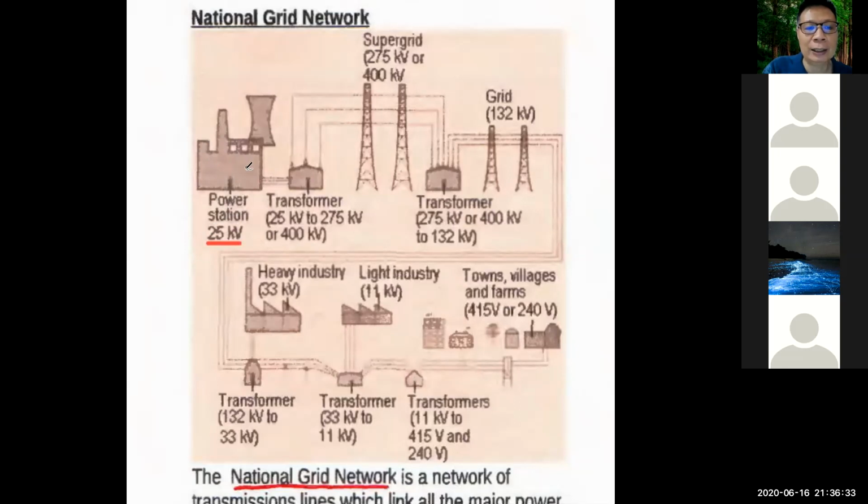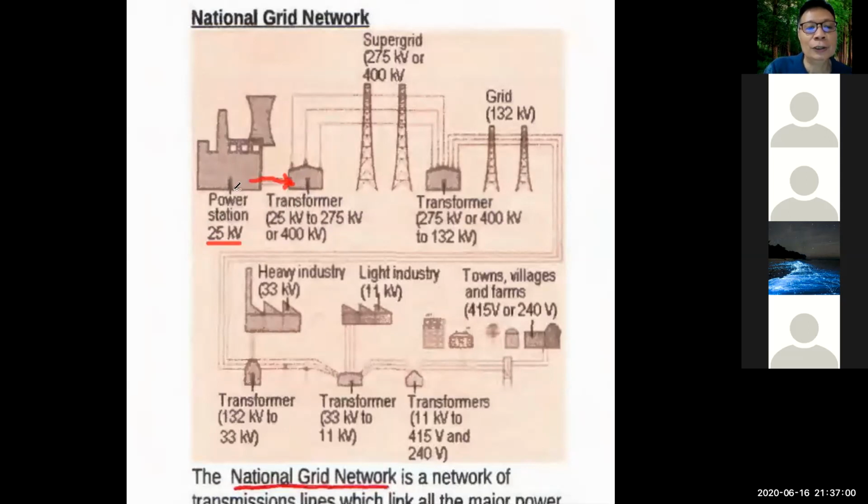first it is sent to a transformer, you see. For the whole diagram, you better be careful and listen more. The power station generates 25 kilowatts, then it is sent to a transformer. This transformer will step up 25 kilowatts to 400 kilowatts. You see, stepped up so high.